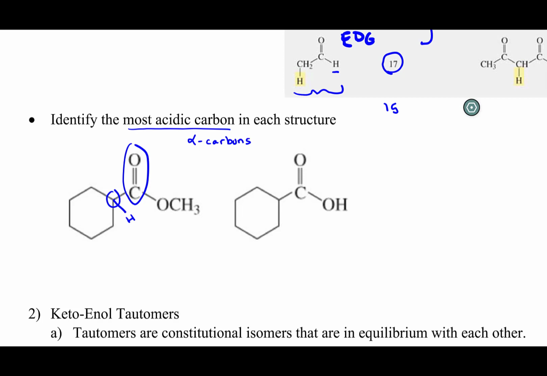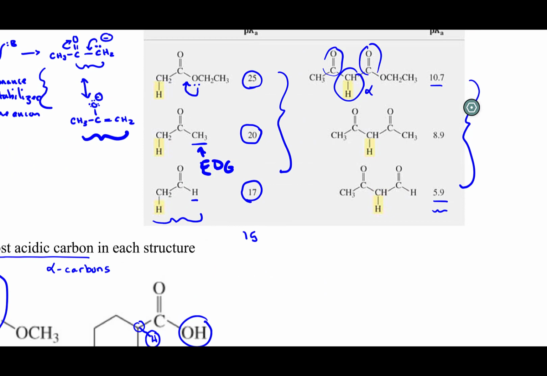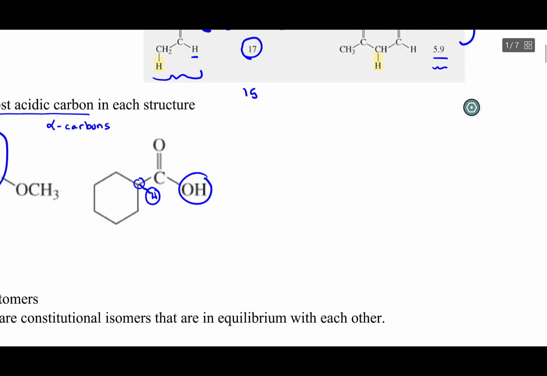Now on the other problem, we're looking for the most acidic carbon, or the hydrogen that's the most acidic in this structure. So again, we identify the alpha carbon, that's this one, and then there's a hydrogen that comes off of here. And then you have to look at this hydrogen versus this carboxylic acid. Based on the information that we have up here, you know that for esters, the alpha hydrogen is less acidic, right?